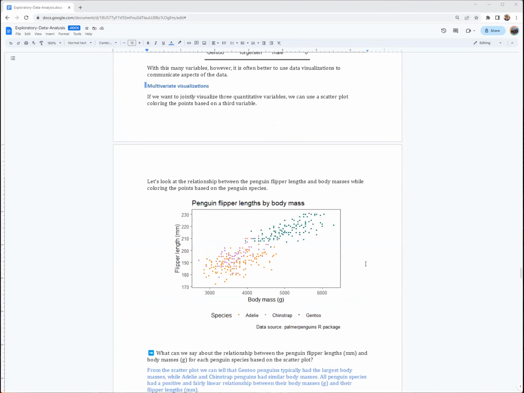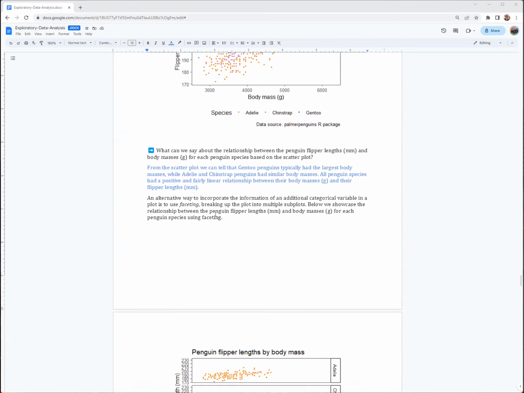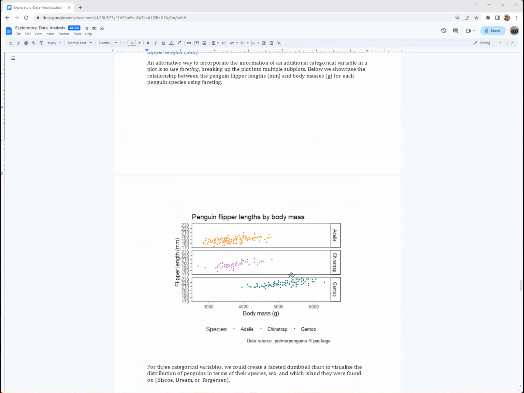Alternatively, instead of having one scatter plot where you're changing the color of all the points, you can use what's called faceting to incorporate additional dimensions or variables in your visualization. So here we facet by the species of the penguin, and then we can still color it by the species as well.